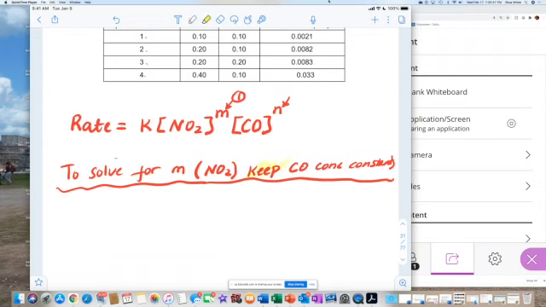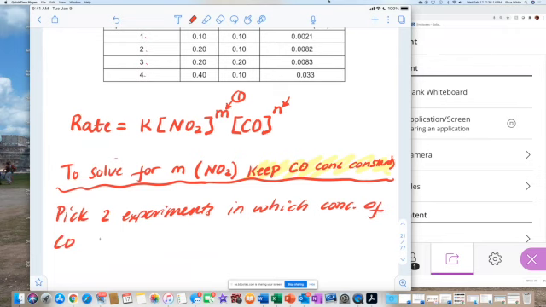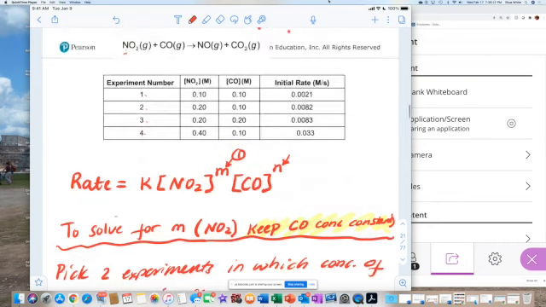That is our goal right here. Pick 2 experiments in which the concentration of CO doesn't change. CO is 0.1, 0.1, it doesn't change. Will that work? Sure. So I'm going to pick experiment 1 and experiment 2.